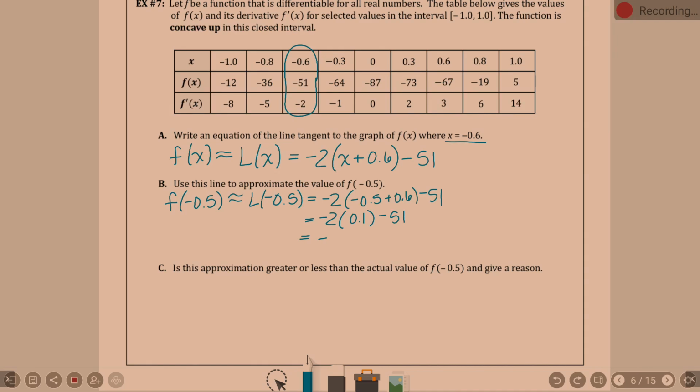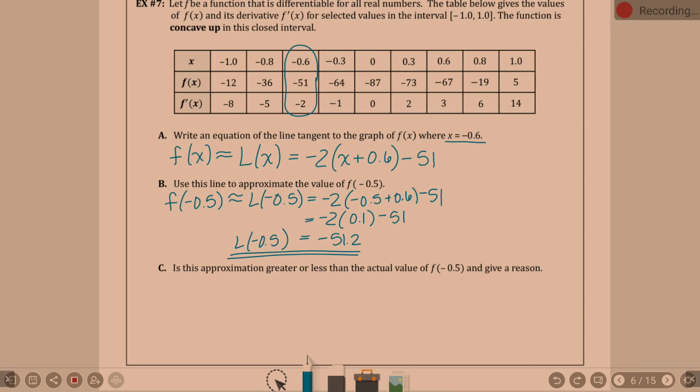Is it -51.2, or did I mess up my math again? I got it this time. Okay. So the linearization at -5/10 is -51.2. Yes? Okay, and that makes sense because it's close to -51, right? That's always kind of your check: is it close?